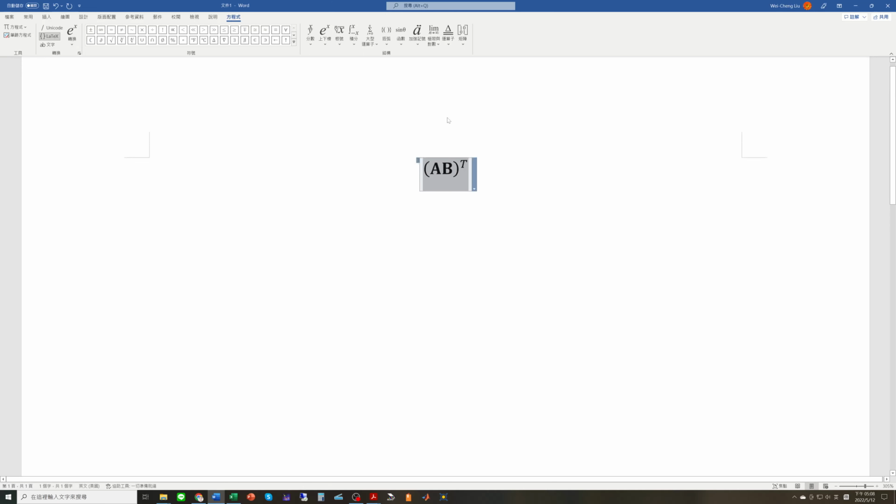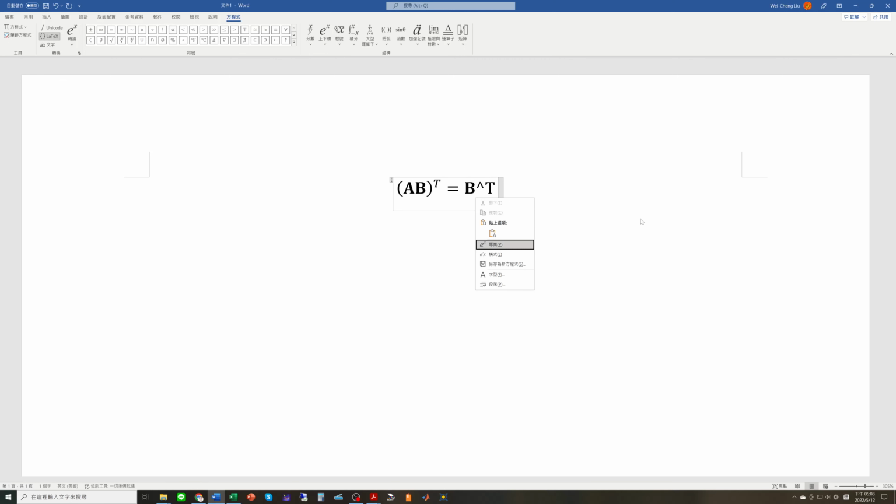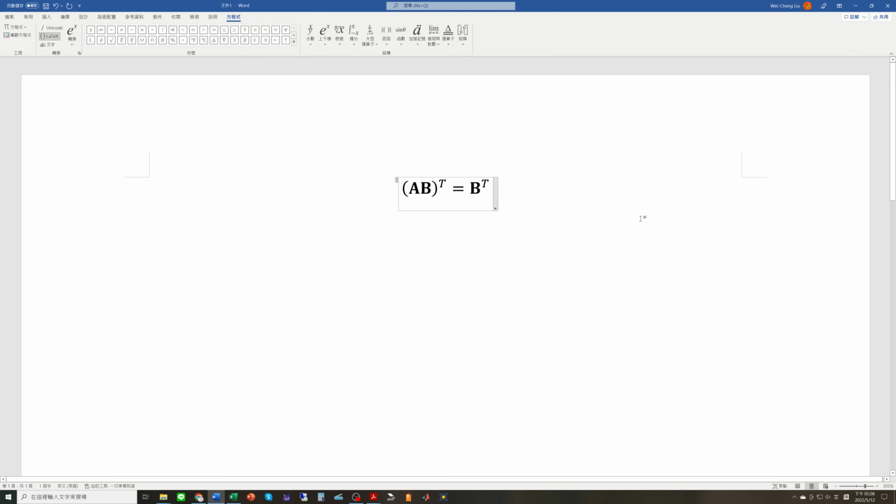If we want to calculate the transpose of A times B, then it is equal to B transpose times A transpose.